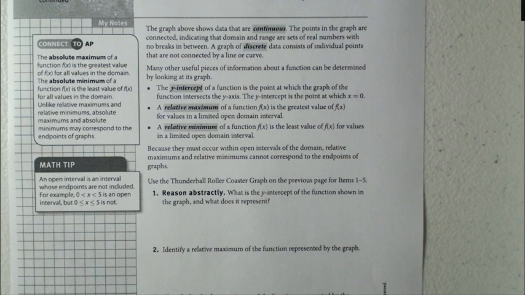The points in the graph are connected, indicating that the domain and range are sets of real numbers with no breaks in between. A graph of discrete data consists of individual points that are not connected by a line or a curve. Many other useful pieces of information about a function can be determined by looking at the graph.